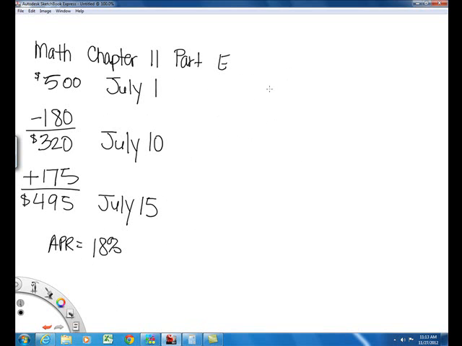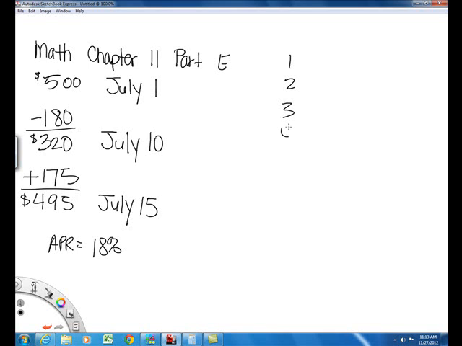Before we go into actually calculating this, I wanted to talk a little bit about what you're doing here, because we do a lot of work to find that average daily balance. The average daily balance is pretty much just what it says. It's taking the average over a full month. So over the month, the average balance you had each day was what? Let's consider a month usually has 30 days.